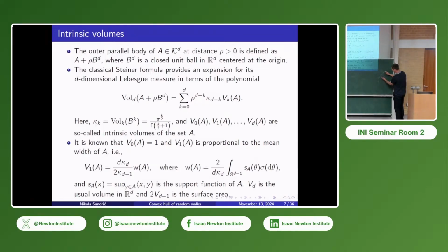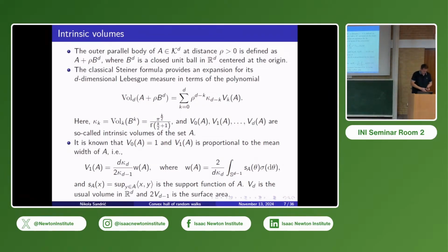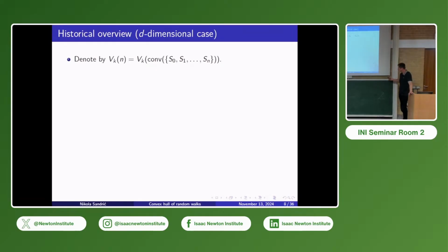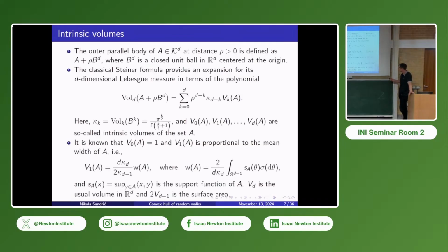Of course, the projection is everything between these two points, right? But we take the maximum. And we do this for all angles, or for all points on the boundary of the unit ball, and we integrate everything with respect to the surface measure, so the uniform measure on the boundary. And in this case we get the mean width.